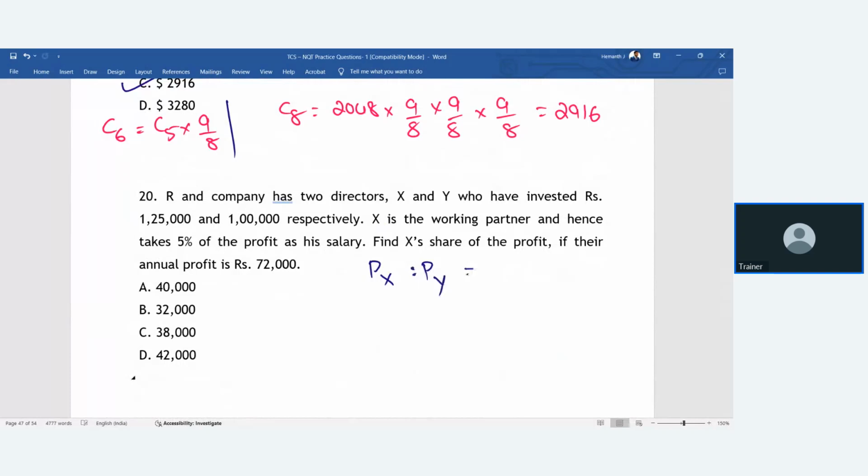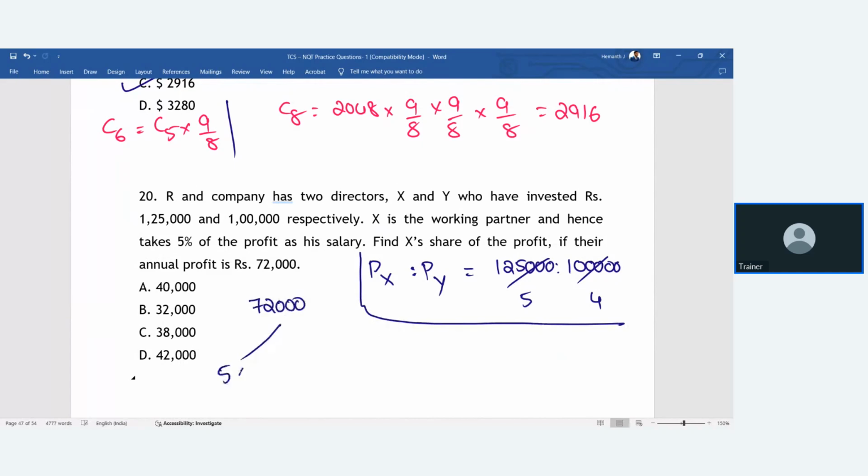The investments are 1,25,000 and 1 lakh, which means it's 5:4 they have to distribute. X is a working partner. If anybody is a working partner, he needs to get extra profit. So apart from the investment share, from the 72,000 annual profit, 5% I have to give to X first.